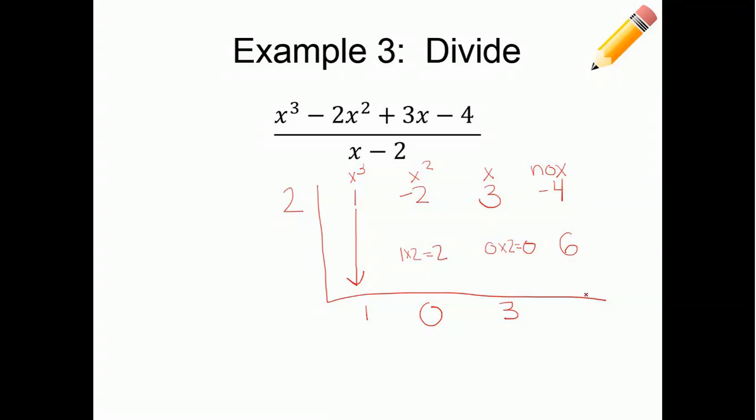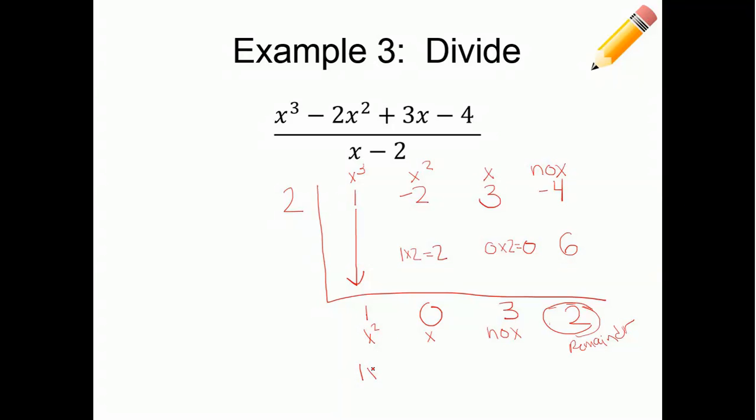Negative 4 plus 6 is 2. So now I get to write my new polynomial after dividing. So I started with an x cubed, I divided an x, so now I'm going to be left with 1 less x than I started. I do have a remainder on this problem. Unlike last time when I got my 0 smiley face.